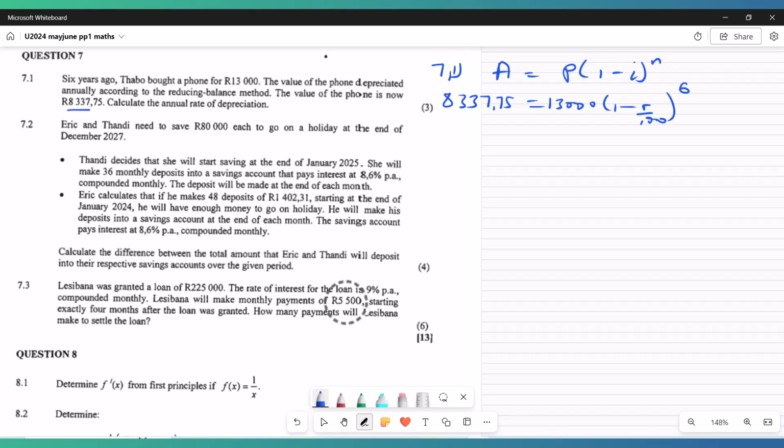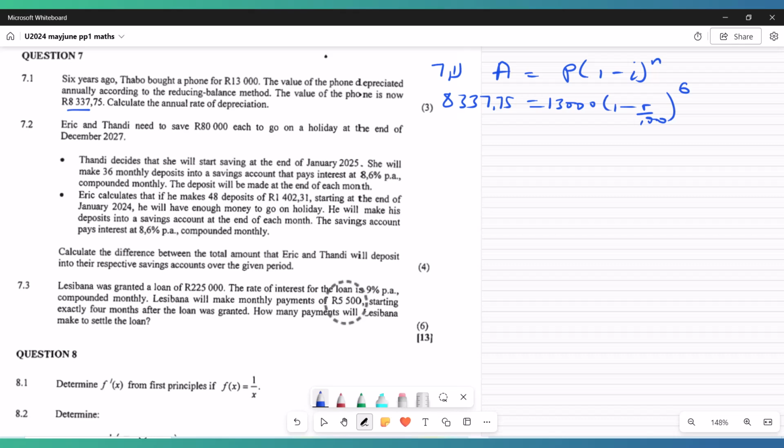So what do we do here? Now we're going to divide here by 13,000. Divide 833,7,75 by 13,000.